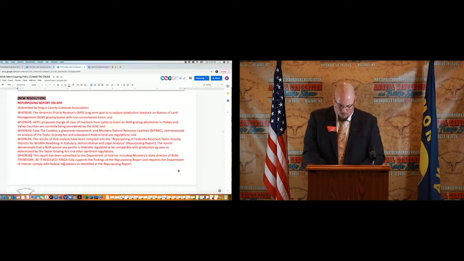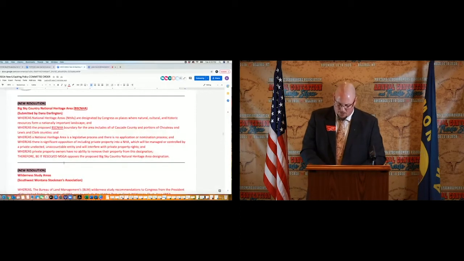Moving ahead to the next new resolution, Big Sky Country National Heritage Area, submitted by Dana Darlington. Whereas national heritage areas are designated by Congress as places where natural, cultural, and historic resources form a nationally important landscape, and whereas the proposed NHA boundary for the area includes all of Cascade County and portions of Choteau and Lewis and Clark counties.